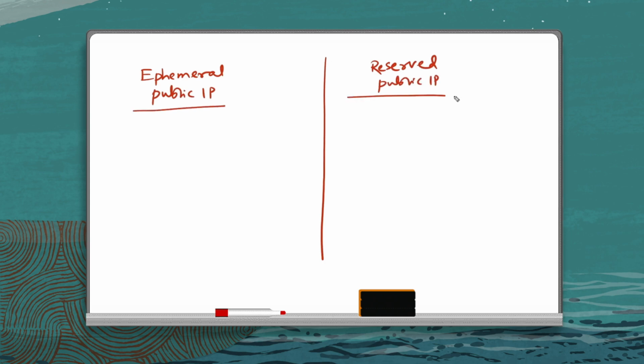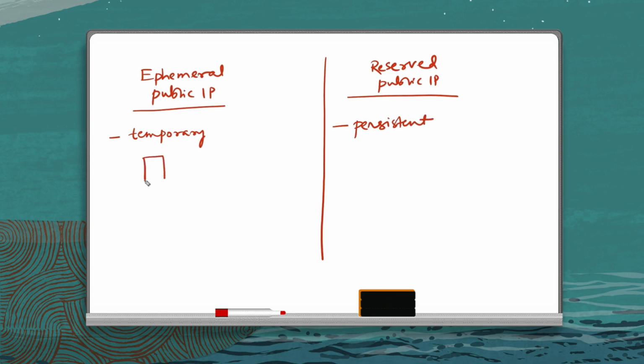Let's do a comparison of these two types of IP addresses. First, let's try to understand what is what. Ephemeral, the word ephemeral means something that is not permanent. So it is basically a temporary public IP. And this reserved public IP is something that is persistent.